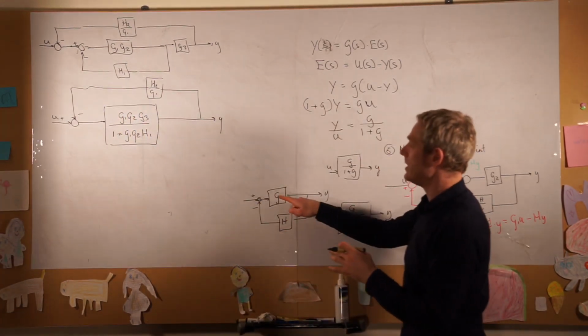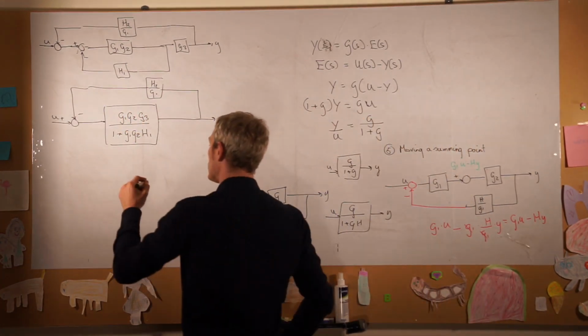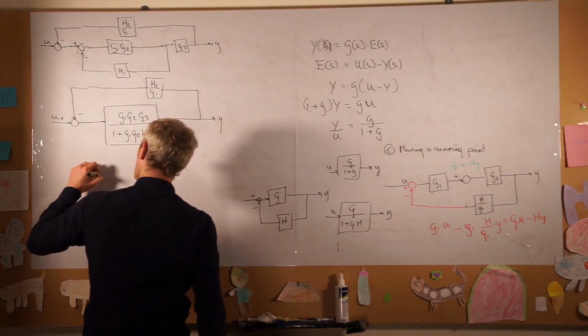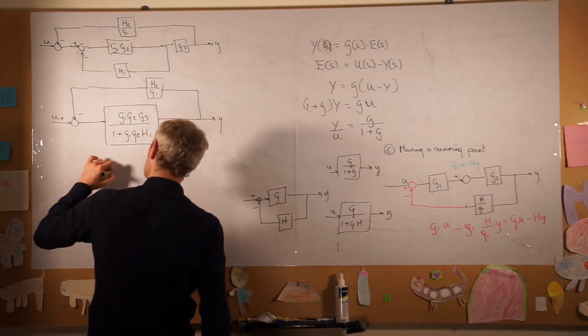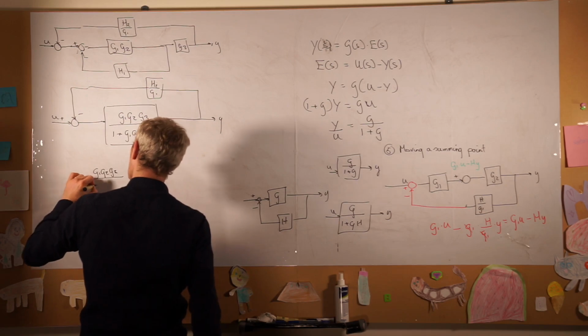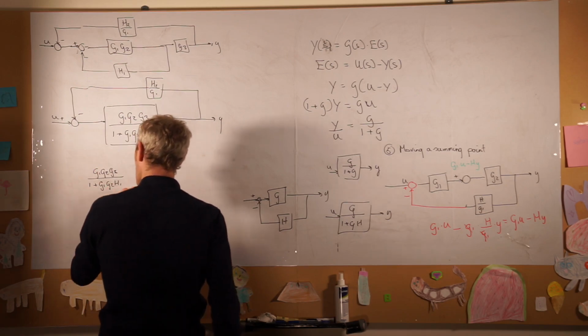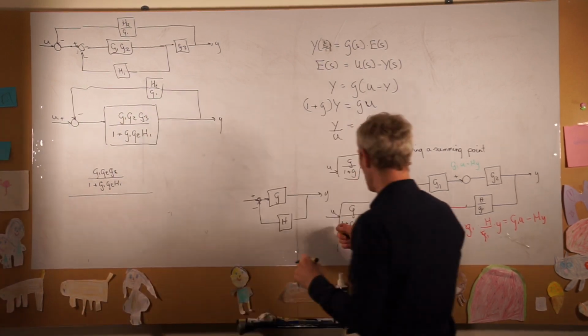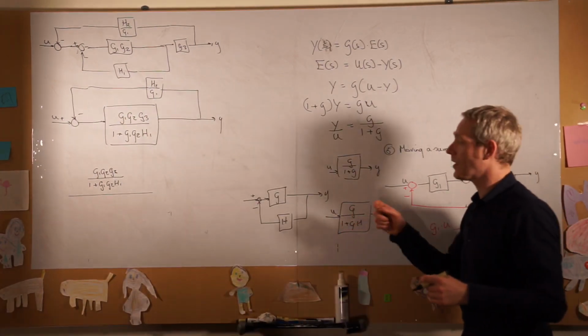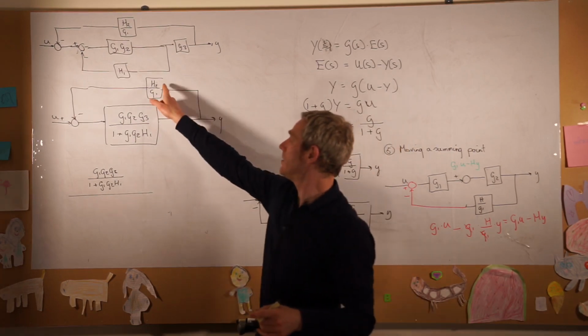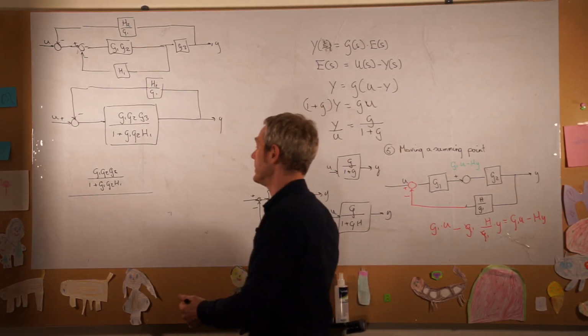Here we just have a G, and here we have this, so let's copy this. G1, G2, G3 over 1 plus G1, G2, H1 over 1 plus our original transfer function times H, which in our case is H2 over G1.